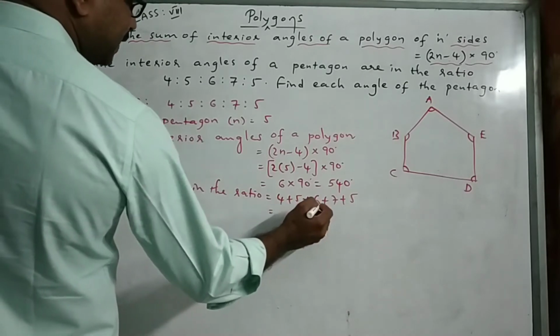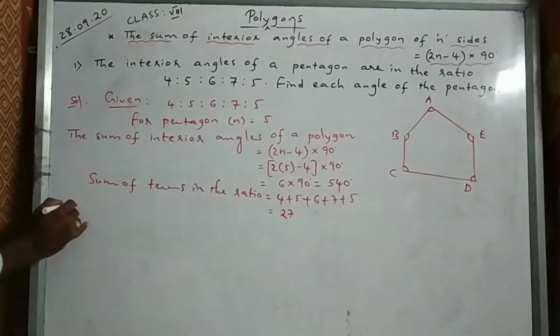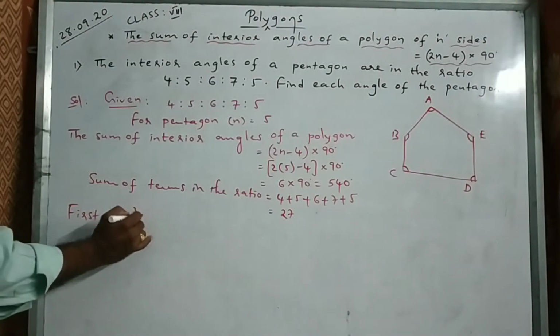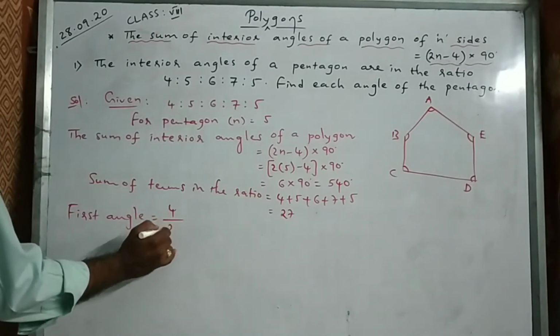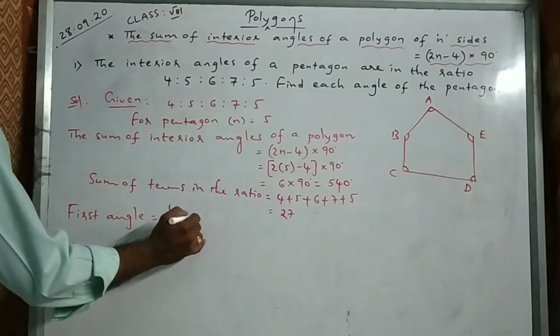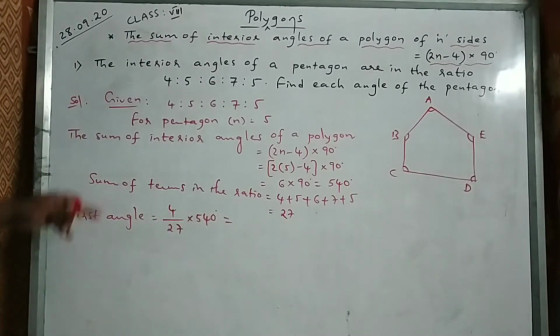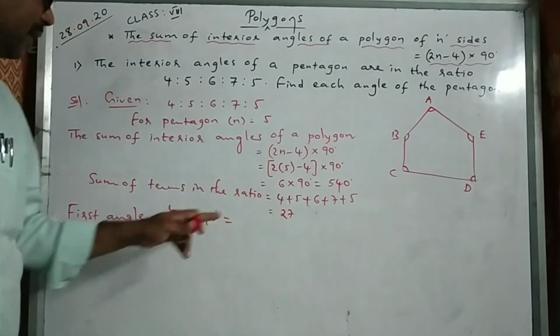So 9, 15, 22, 27. Now you know the well-known method. First angle is equal to, what is the first term here? 4 by the total sum 27 into the sum of interior angles, 540. First term by total sum of the terms into 540.